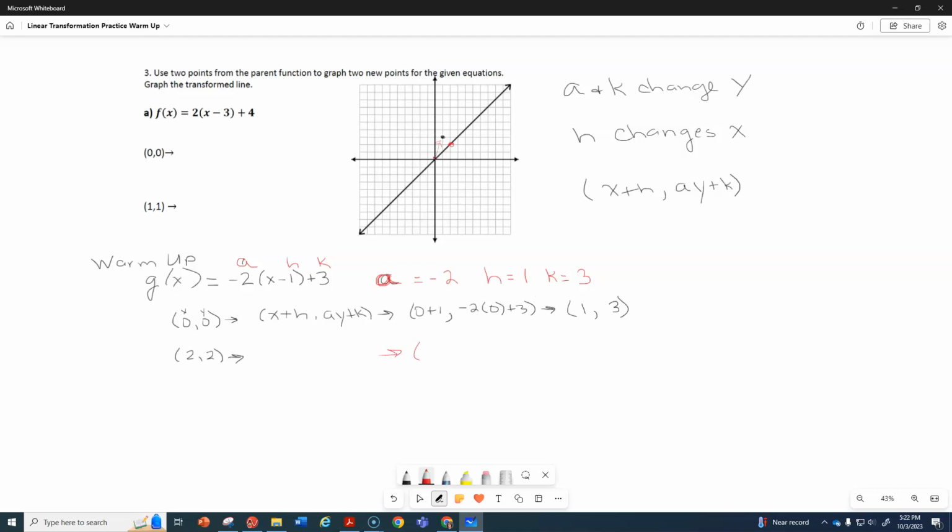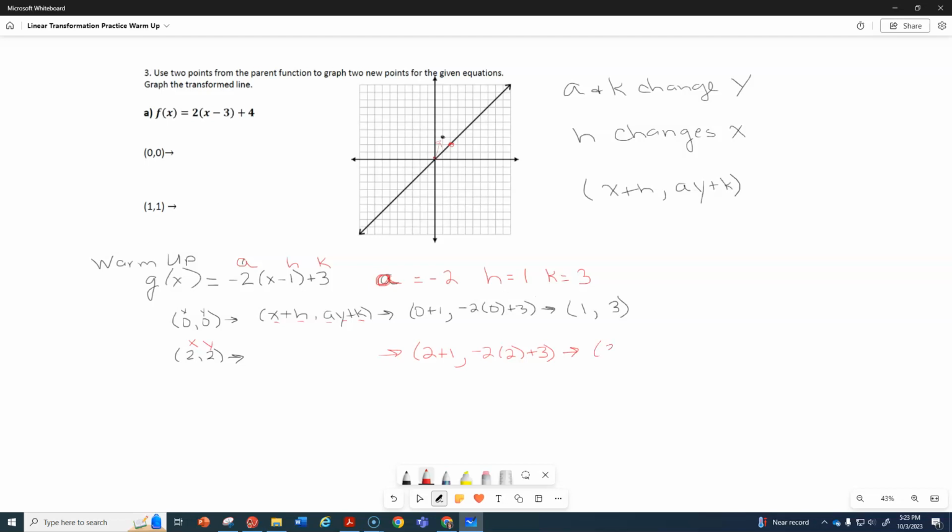The X value is 2, plus the H value of 1, and then the A value is -2. The Y value is also 2, because remember, this is the X and this is the Y, and then plus K. So I just used this formula, plugged in all my letters, and now I'm going to do the math.